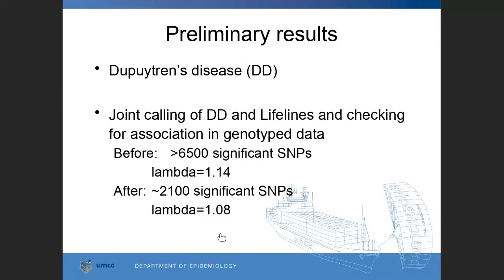Nevertheless, I spotted an error in the pipeline this morning, so I'm now rerunning the imputation for the Dupuytren's cohort, and I hope to do the merging again and find an even smaller number of significant SNPs that better match those from the literature.